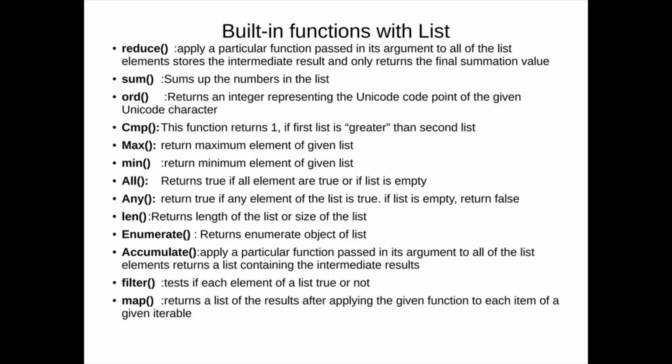Accumulate applies a particular function to the arguments of all the list elements and returns a list containing the intermediate results. Map and filter. Filter filters the list elements by whether they are true or not. Map returns a list of the results after applying the given function to each item in the iterable.